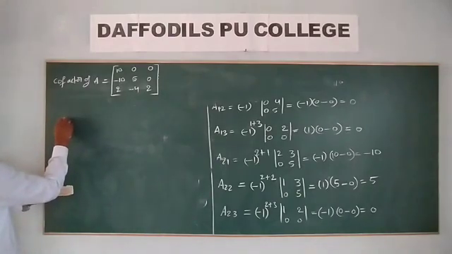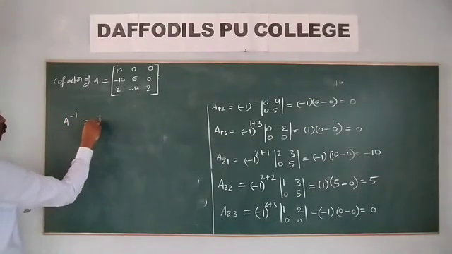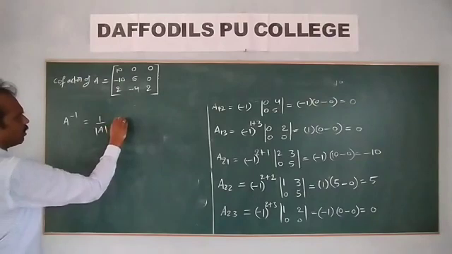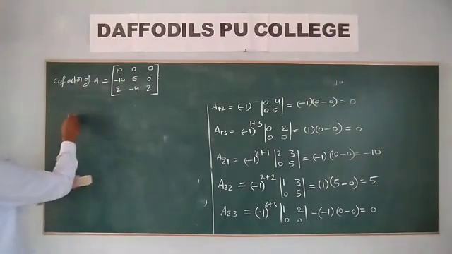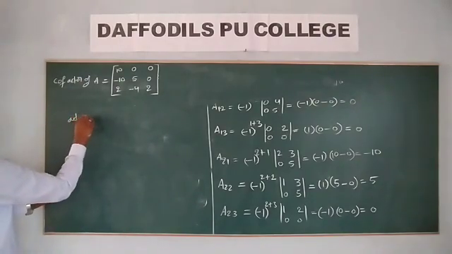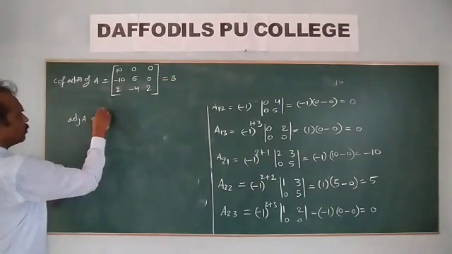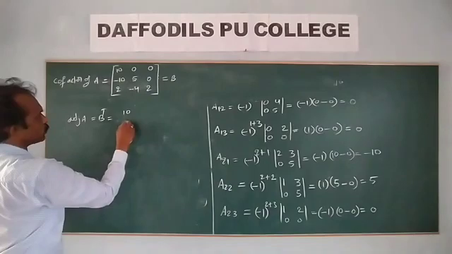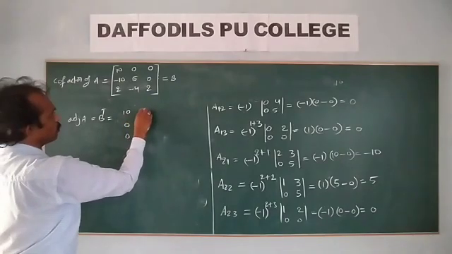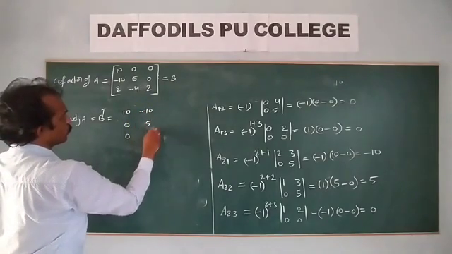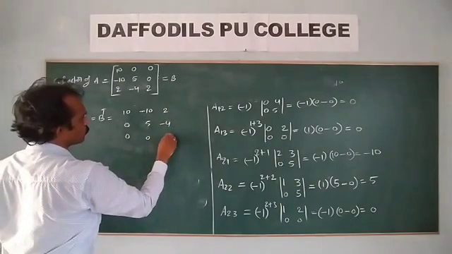Right. A inverse is equal to 1 by det A times adjoint A. Let this be equal to B. That implies B transpose, taking the transpose: 10, 0, 0; minus 10, 5, 0; 2, minus 4, 2.